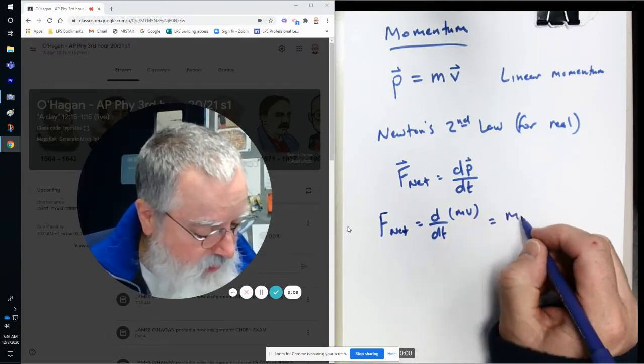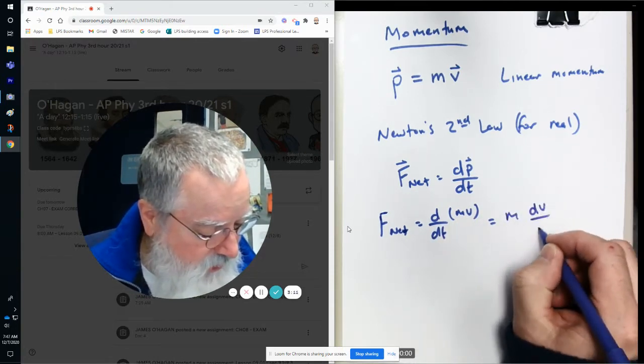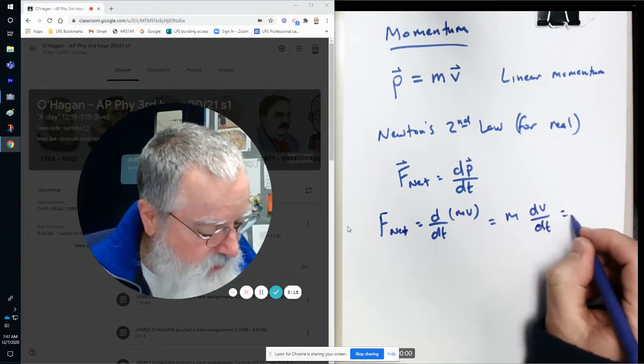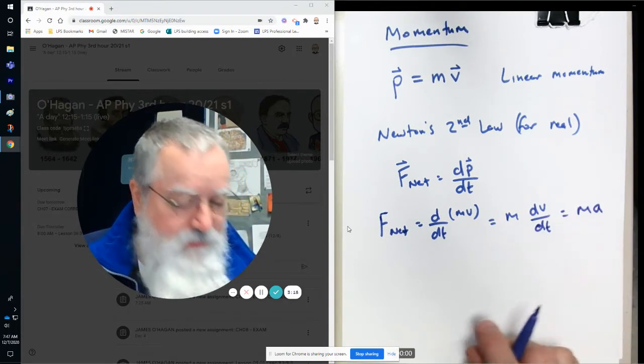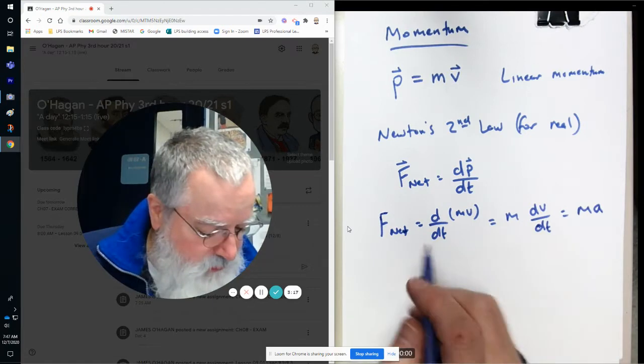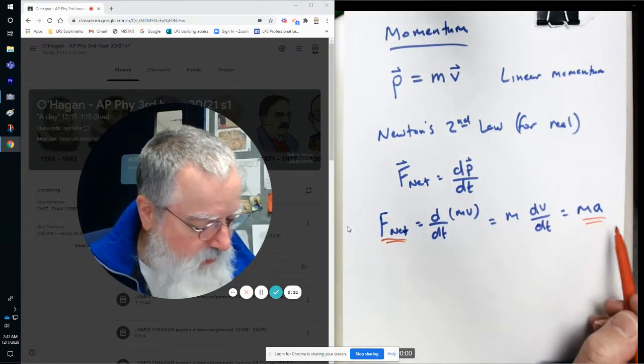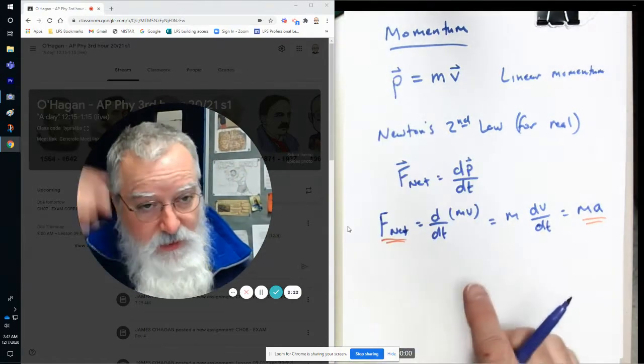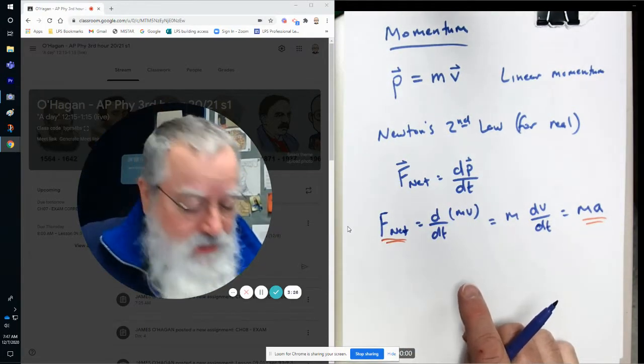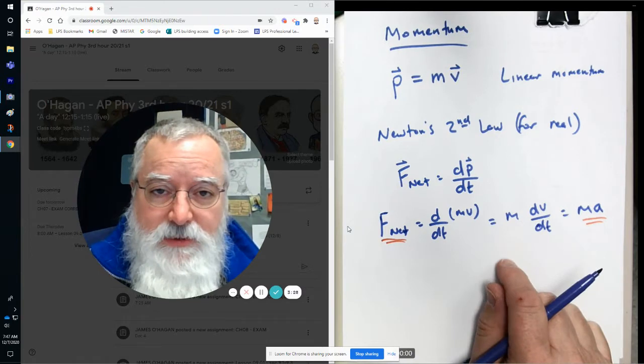So it's mass times dv/dt, which is mass times acceleration. So what we think we know to be Newton's second law, net force is mass times acceleration, is really a special case of Newton's second law where mass is constant.